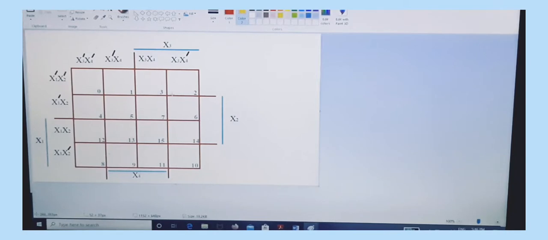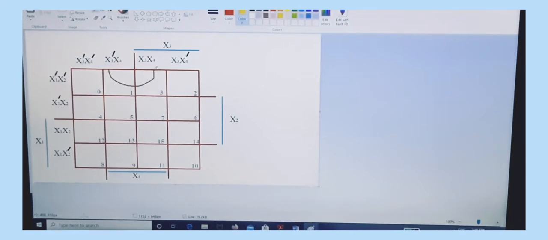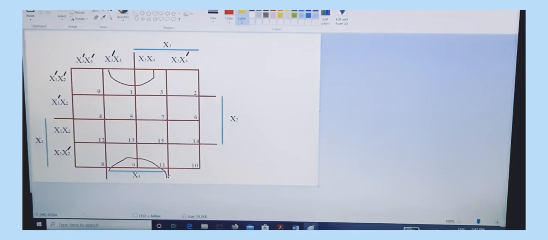Okay. Suppose if we have another example of four cells. For example, if you have like this, I have these two cells and similarly here these two cells. Then we can combine these two together and we will get 4.